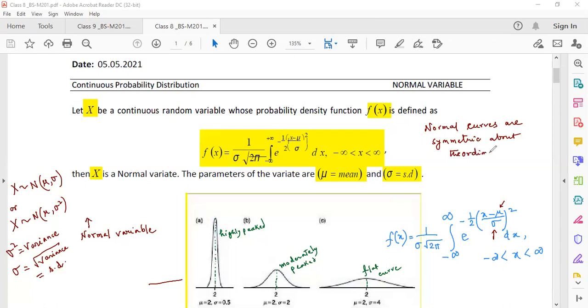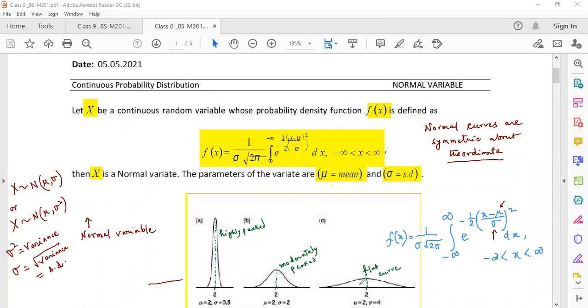What do we mean by that? We mean that the number of points appearing on the left hand side of that is equal to the number of points appearing on the right hand side of that.